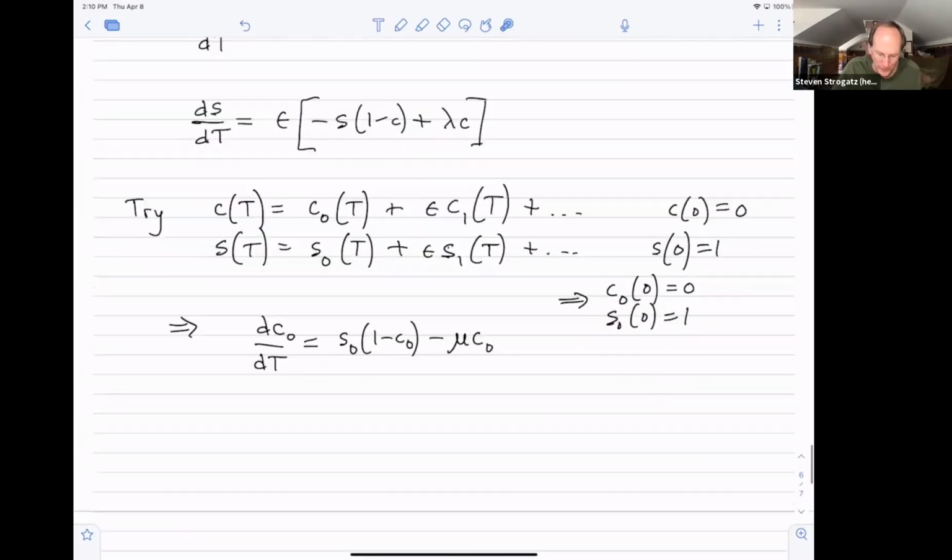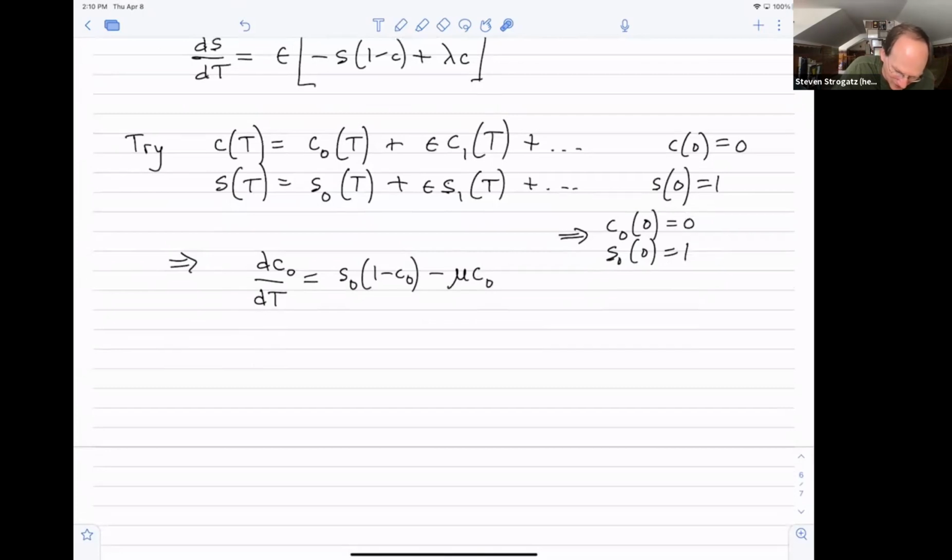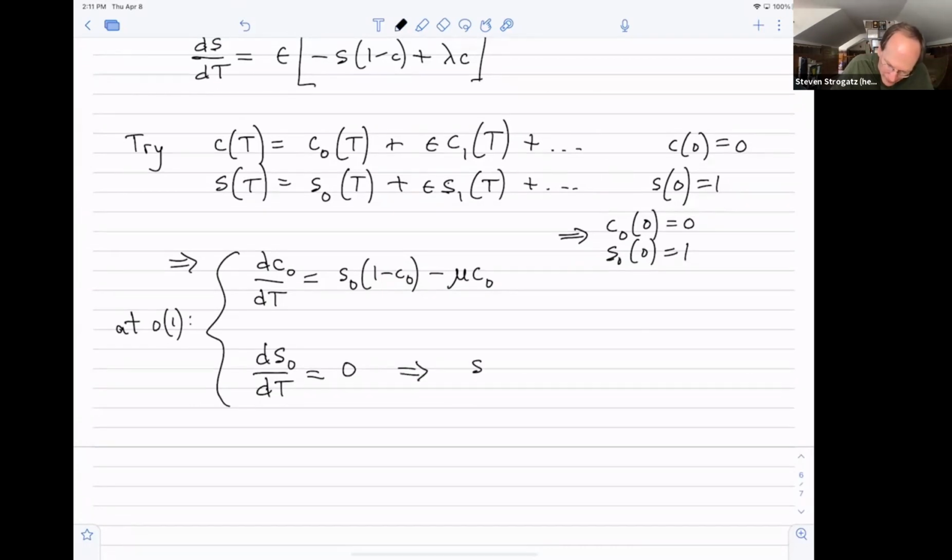It has no order 1 term. So that's just ds0 by dt is just 0. These are my lowest order dynamics at order 1. This one, of course, tells you that S0 as a function of time is just a constant.